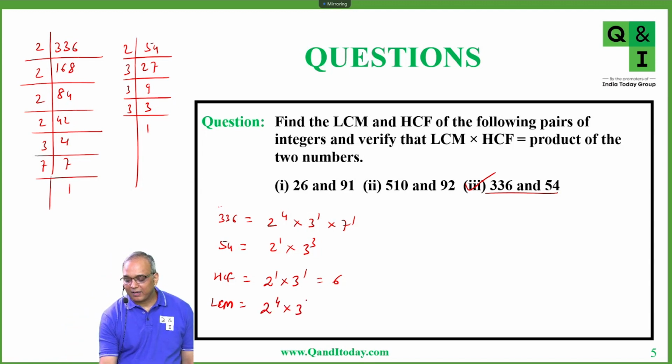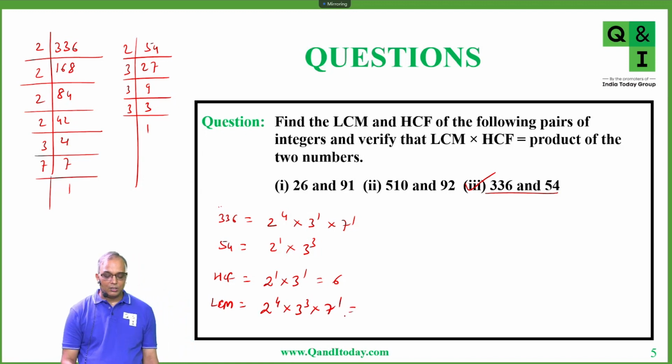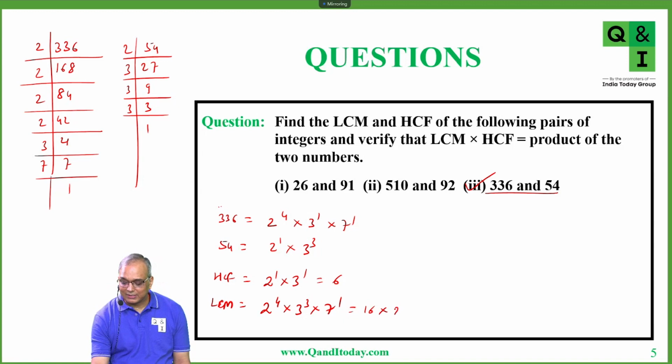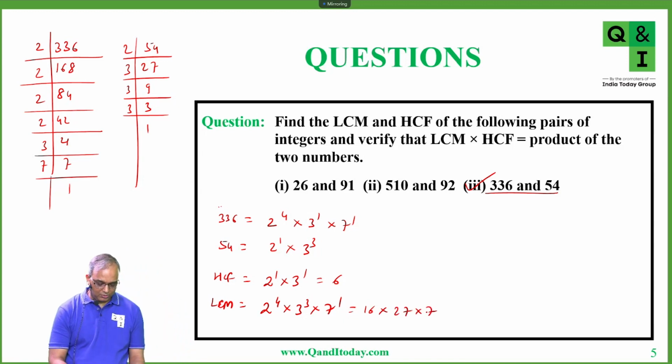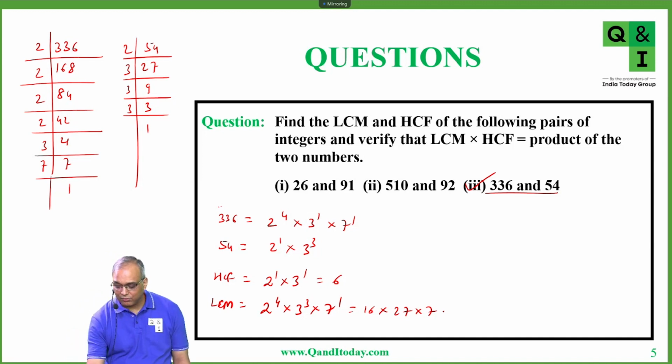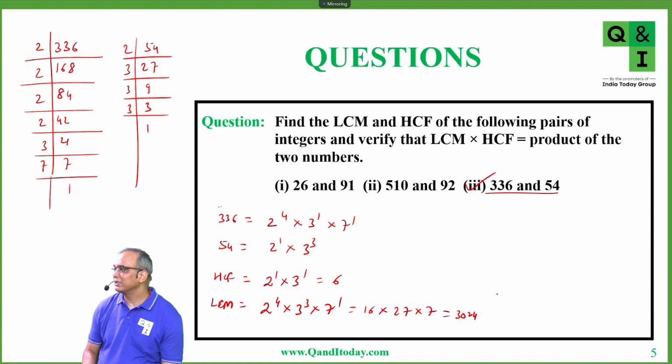So 2 to the power 4, 3 to the power 3, and 7 to the power 1. So we know that this is 16 into 27 into 7. So 16 times 27 into 7 will give you 3024. So 3024 is the LCM.